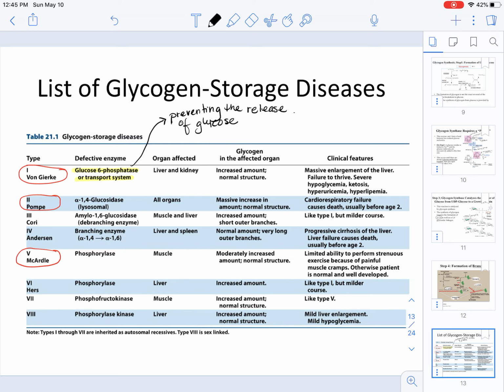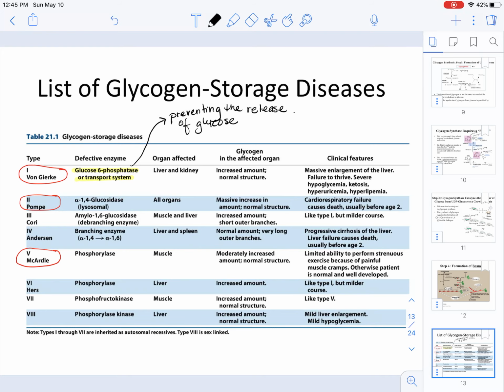Because remember, the role of glucose 6-phosphatase is that this is the enzyme that exists in the ER and takes glucose 6-phosphate to glucose, then that free glucose gets transported outside the ER and ends up in the bloodstream. So when we have type 1 of glycogen storage diseases, that I should specify, these are not common, but they are observed.